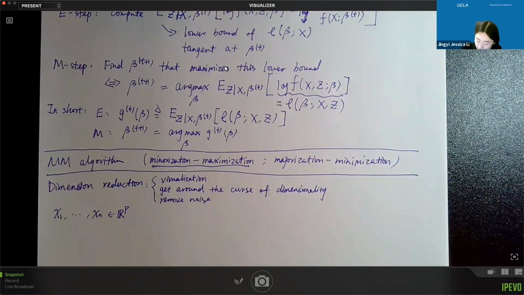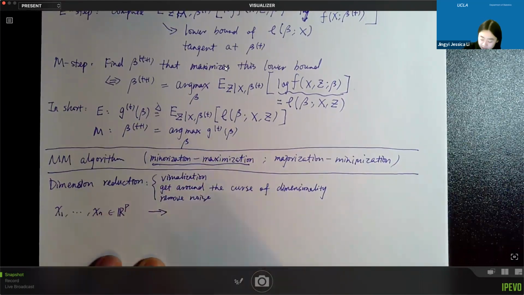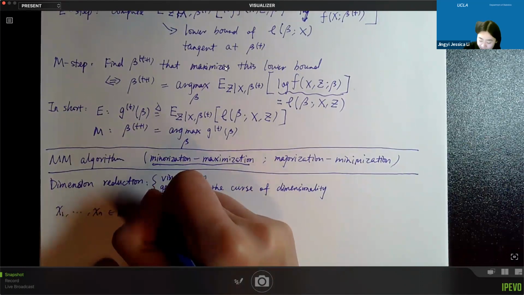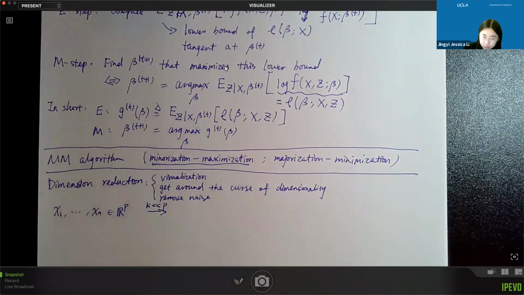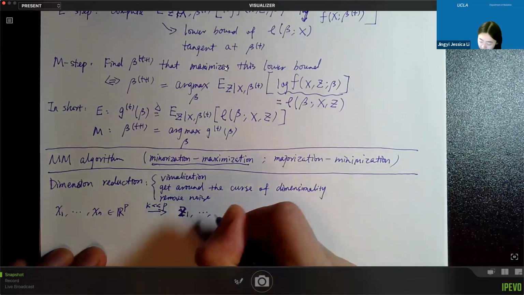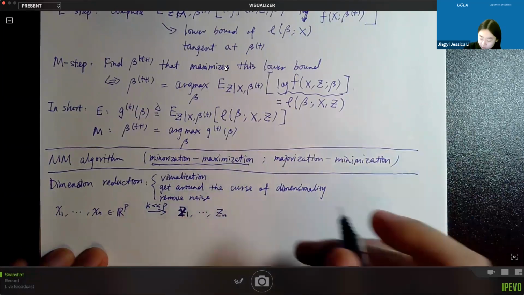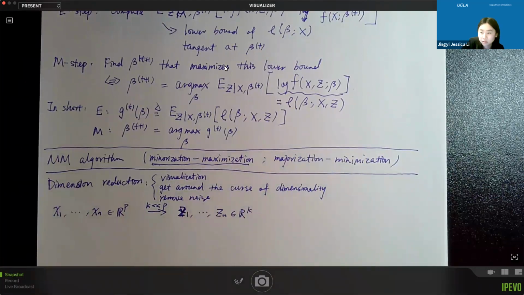So our goal is to find a much lower dimension, let's say D, or I should say k, which is much smaller than p, so that we can encode our data into Z1 to Zn, still n data points, but with k dimensions only. That's what we call a dimension reduction problem. But how do we find the Z1 to Zn?